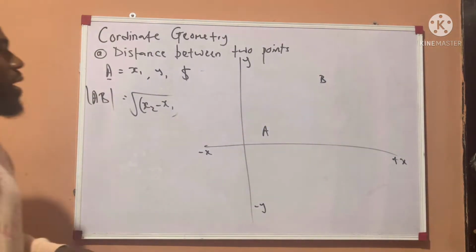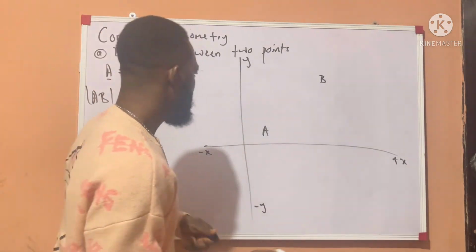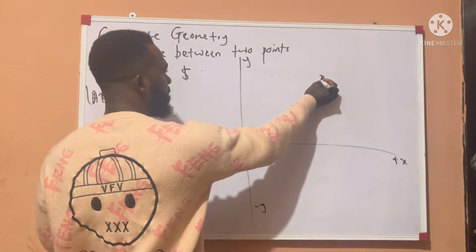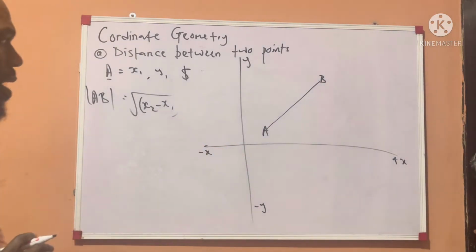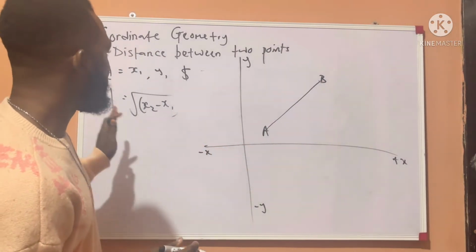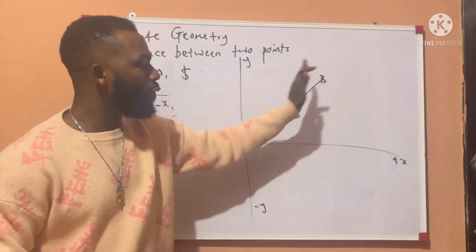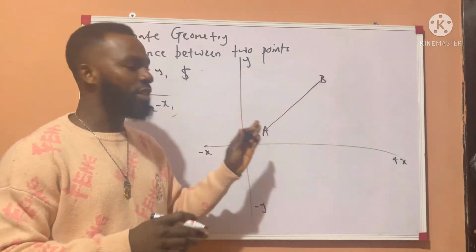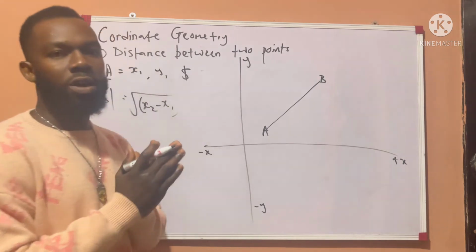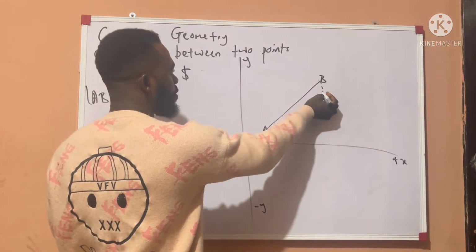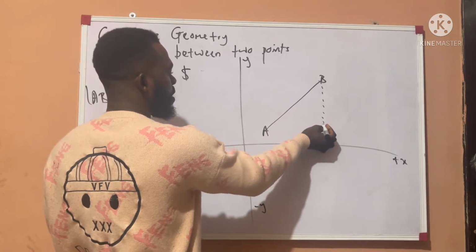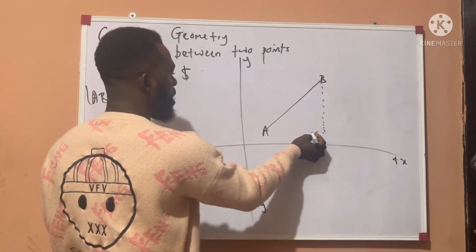Now if we have A and B, and we have the distance between them in this format, and we want to prove the formula, or derive the formula for the distance between these 2 points, this is what we are going to do. Let us introduce these lines to make this a right angle triangle.